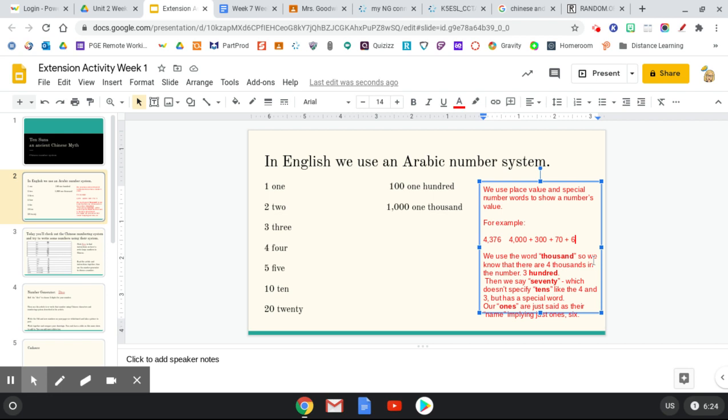And in other languages such as Spanish, for example, you would say similar things. You would say 4,000, meaning 1,000, 4,000, 300, 70, so you say, I don't know. Anyway, my point is, you say the values of them.